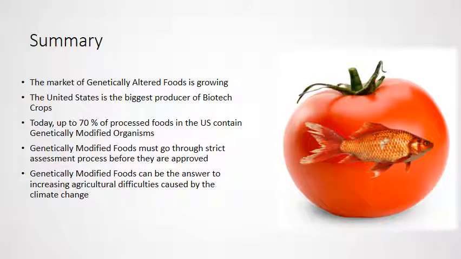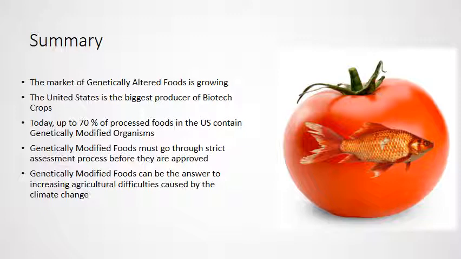In summary, the market for genetically altered foods is growing, as was shown in the presentation. The United States is the biggest producer of biotech crops. Today, up to 70% of processed foods in the United States contain genetically modified organisms.